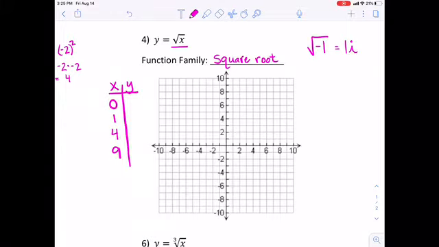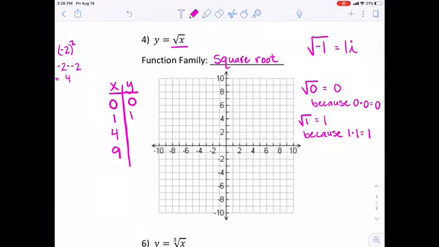So, for example, my first x value is 0. If I want the square root of 0, remember that equals 0 because 0 times 0 equals 0. Okay, the same thing with 1. If I take the square root of 1, it's going to equal 1 because 1 times 1 equals 1.